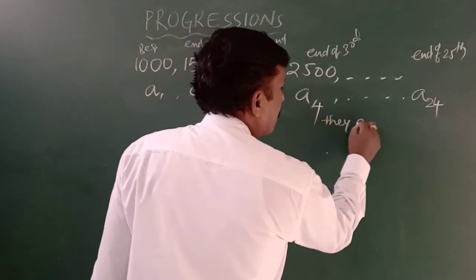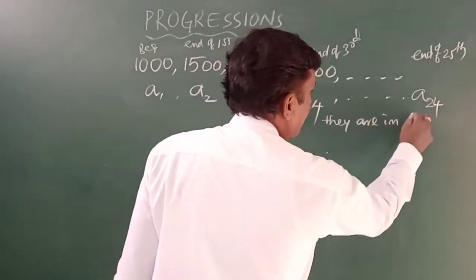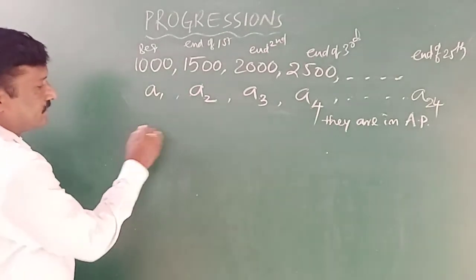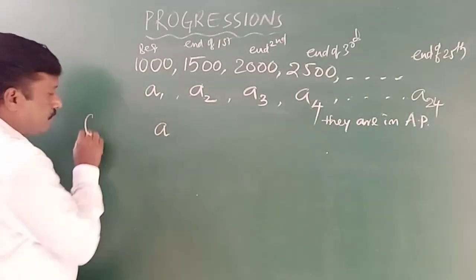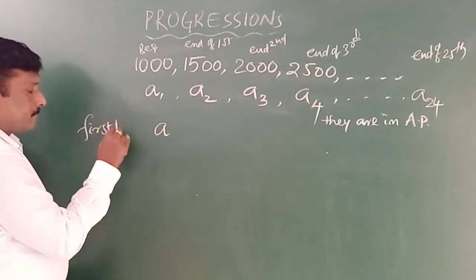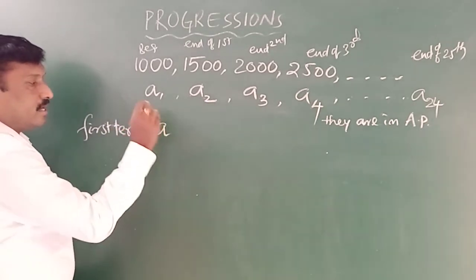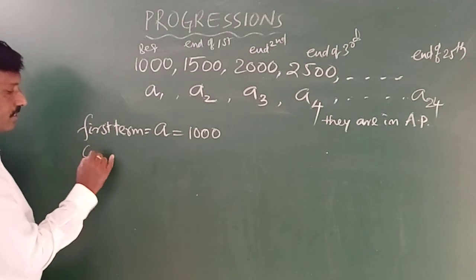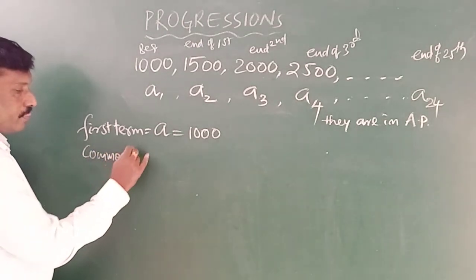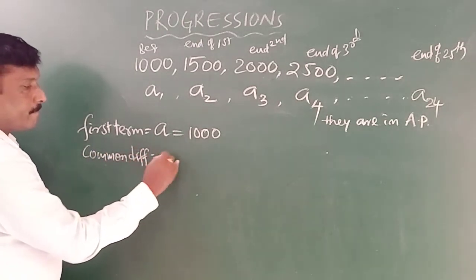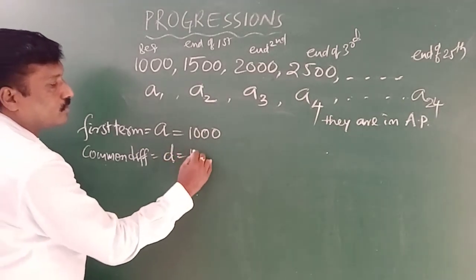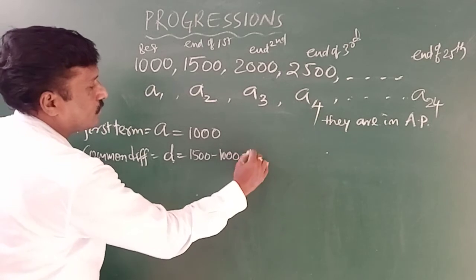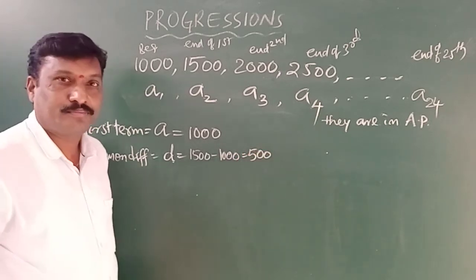So I am writing that the first term A is equal to 1000 and the common difference D is equal to 1500 minus 1000, which is equal to 500.